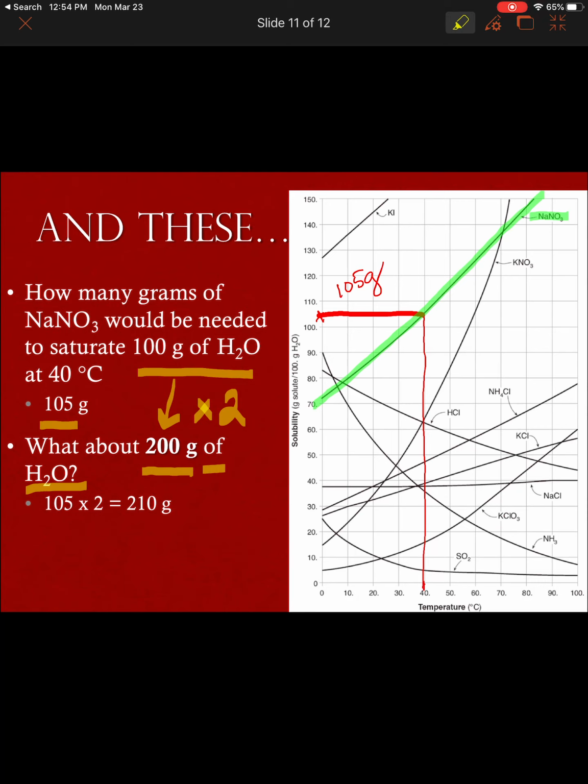So if you double the amount of water, but you still want it to be saturated, you're going to have to double the amount of solute you put in. So this chart is for 100 grams. You can find your answer for 100 grams. But now the next question asks, what about at 200 grams?